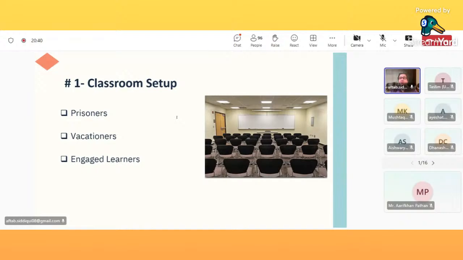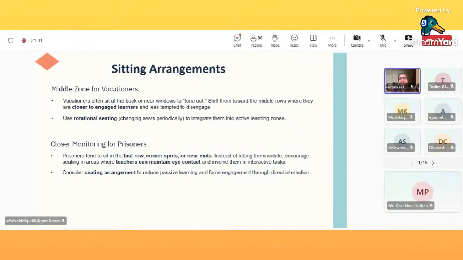So, as a professor, as a classroom teacher, you need to structure your classroom to gradually shift prisoners and vacationers towards becoming engaged learners. Okay, for example, see, sitting arrangements.